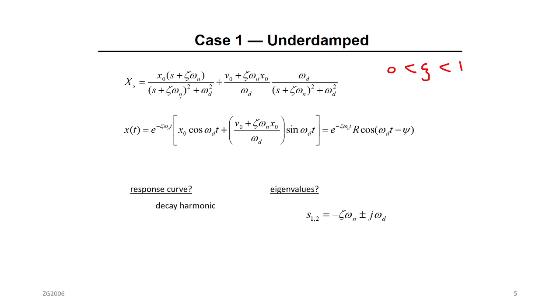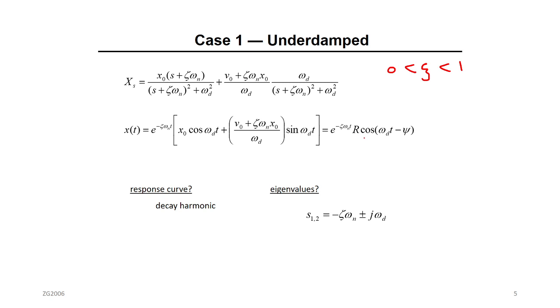If you remember from chapter 2, the next step is to complete the square. Once you complete the square, you can go easily to the table and find the inverse. The inverse for this part will be a decaying exponential multiplied by cosine, and this part a decaying exponential multiplied by sine. Sine and cosine, you can combine into a total r with a common magnitude or amplitude as we did before.